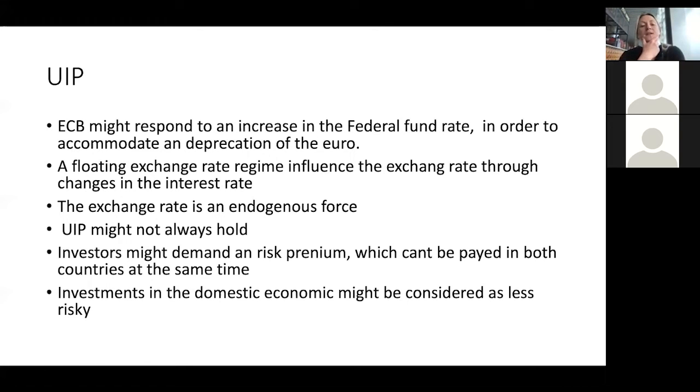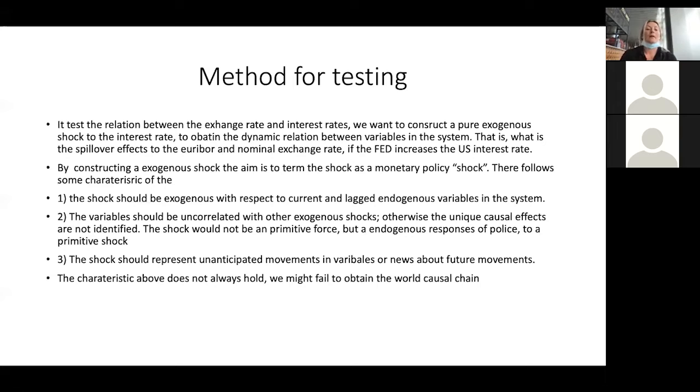So the exchange rate should be considered as an endogenous force. And of course, as said before, the uncovered interest parity might not hold. The investor might demand a risk premium, and that can't be paid in both countries at the same time. And investment in the domestic economy might also be considered less risky.